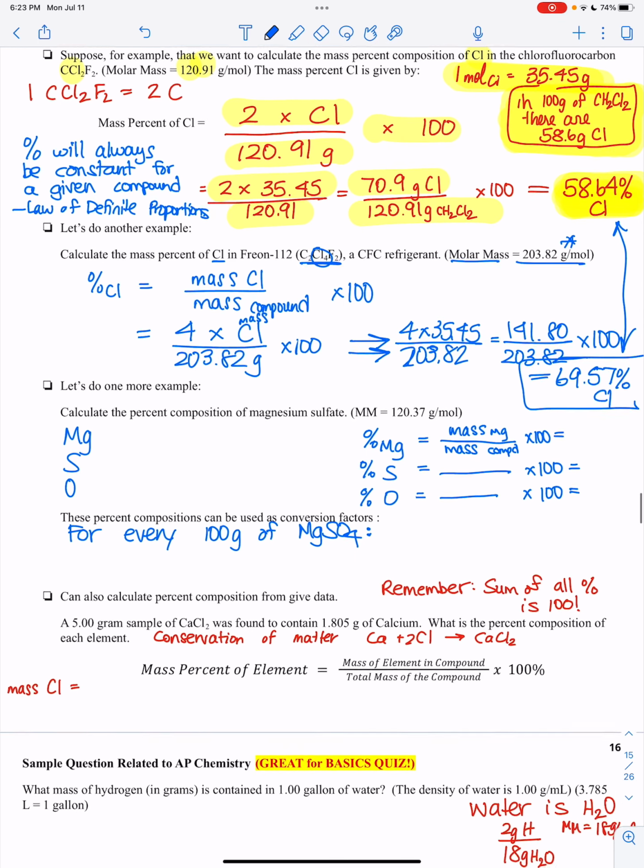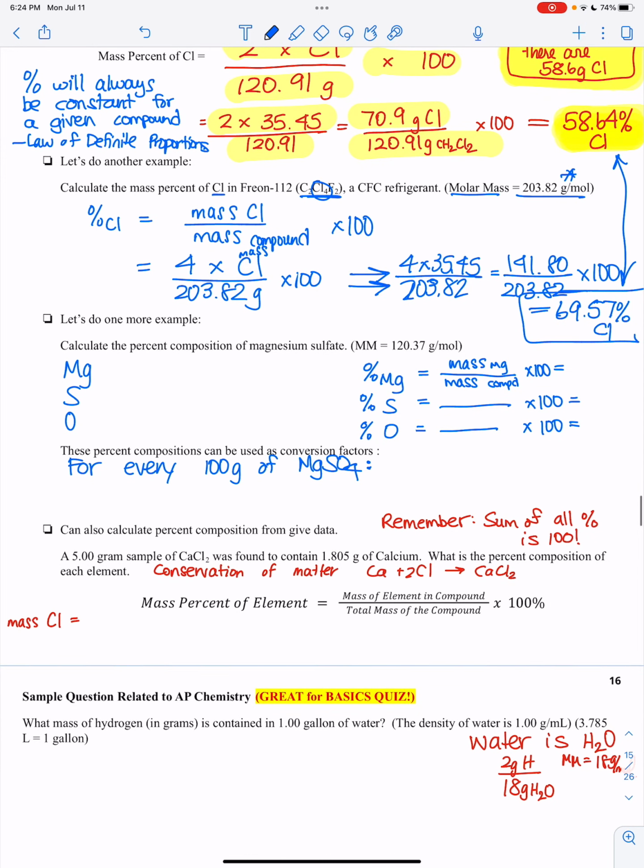All right, let's do another example from beginning to end. It says calculate the percent composition of magnesium sulfate. I didn't give you the formula for that, but I'm going to remind you from our previous lectures in this part. Magnesium is Mg, sulfate is SO4 2-. Sulfate's a polyatomic ion.